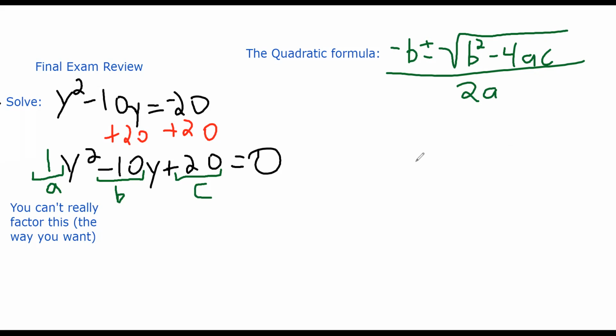So let's plug things into this. Let's use orange. So it'll be -b. So b was already -10. So -b will be +10. It's just the opposite sign.